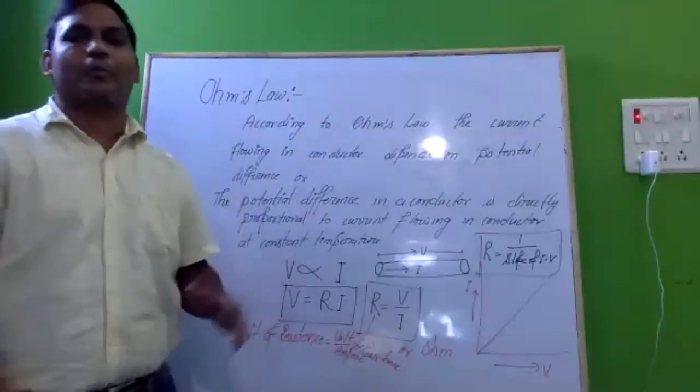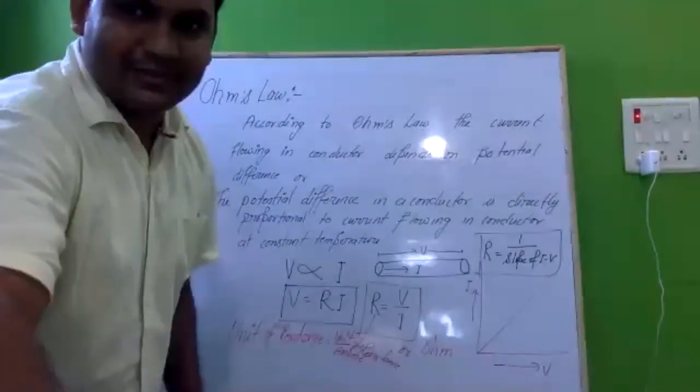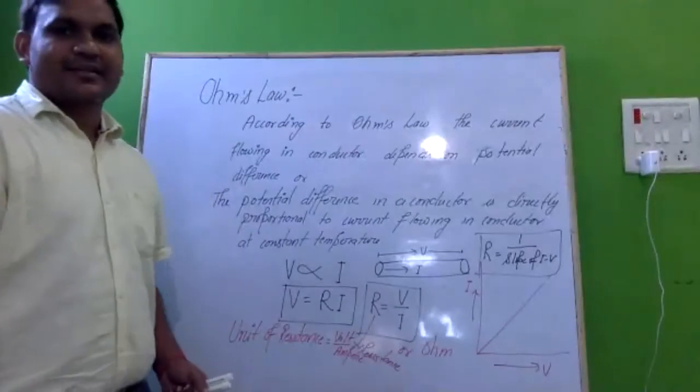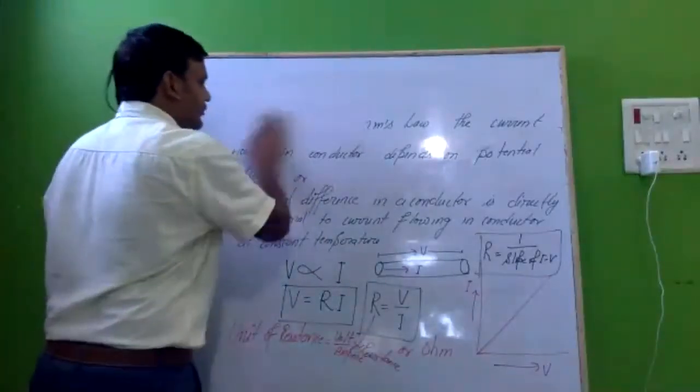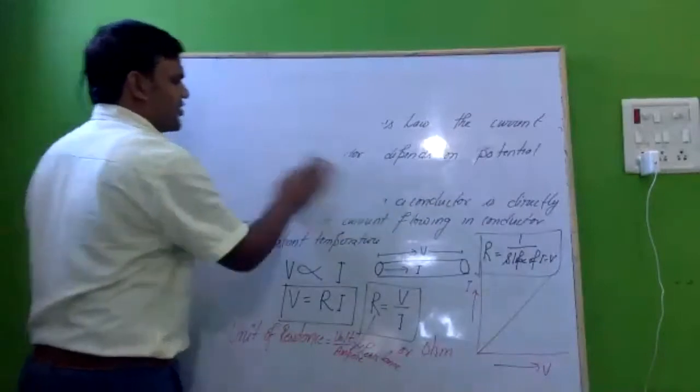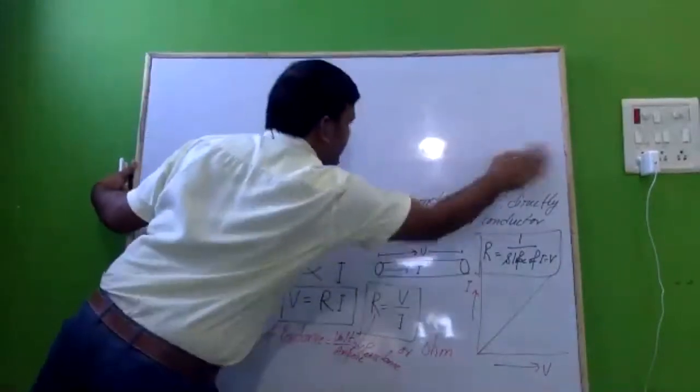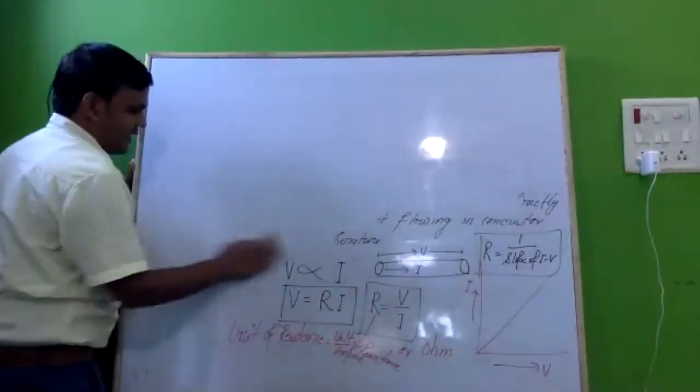Volt per ampere, you can write it. Is it clear? Yes, sir. Okay. Should I erase this? Have you noted down? Yes, sir. Okay. So wait. Coming in detail to resistance and how resistance is dependent on different parameters and all those things.